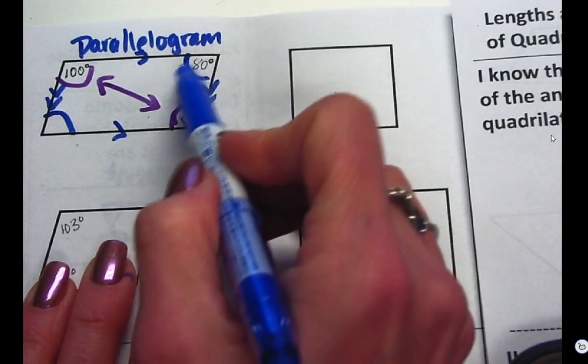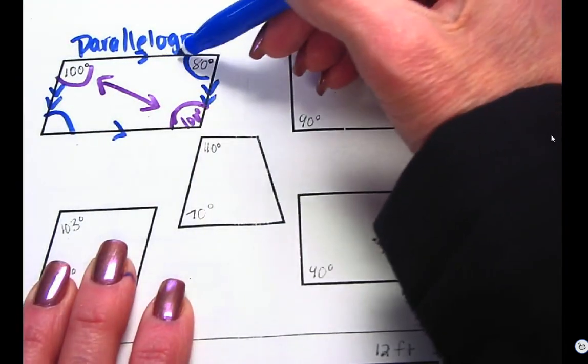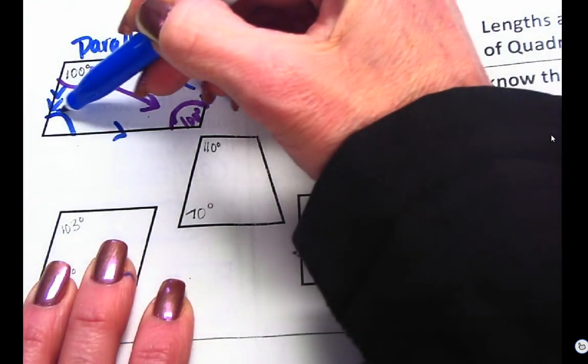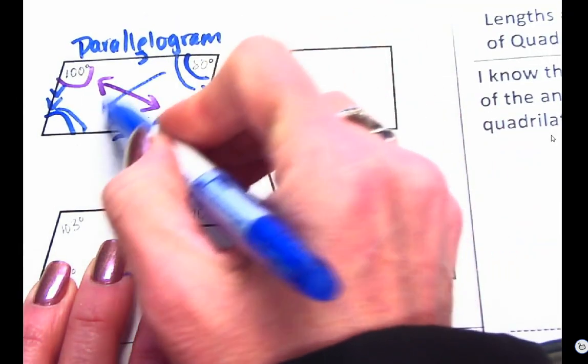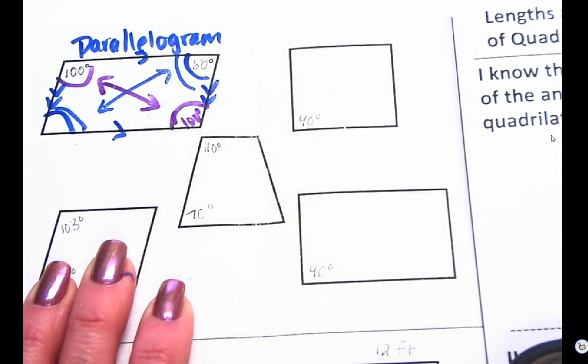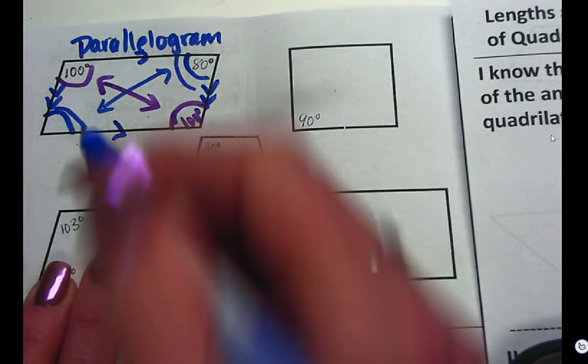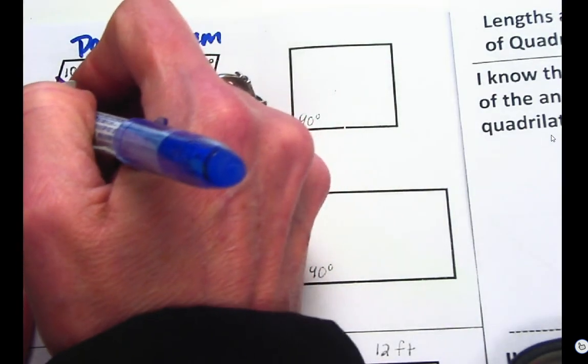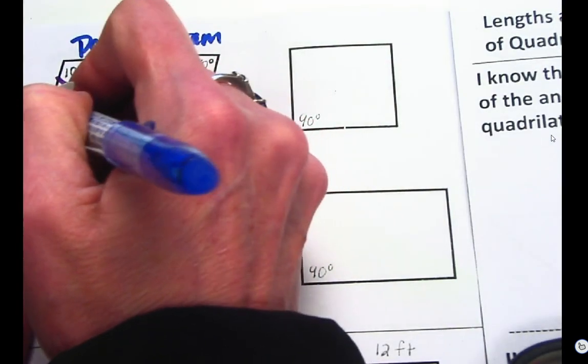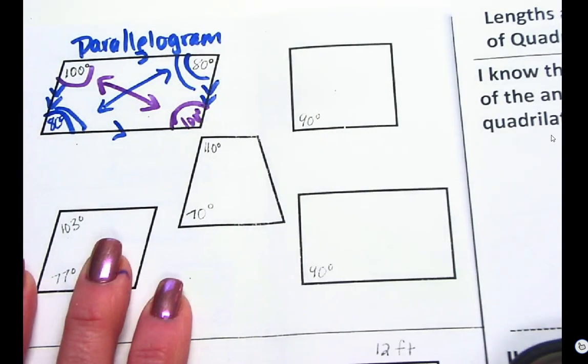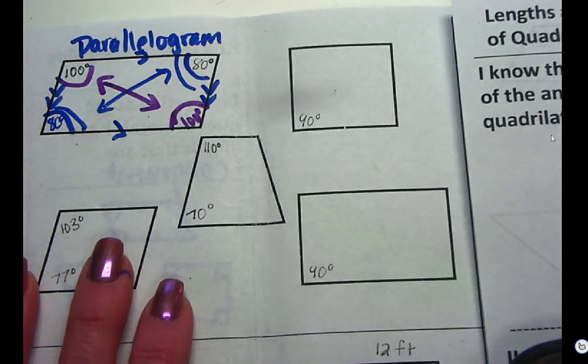The angle that's opposite to this angle, across the shape, is also going to be how many degrees? 80. Okay, so that's pretty easy. You're just looking for the opposites and finding that they're congruent, and they're going to be the same measurement.